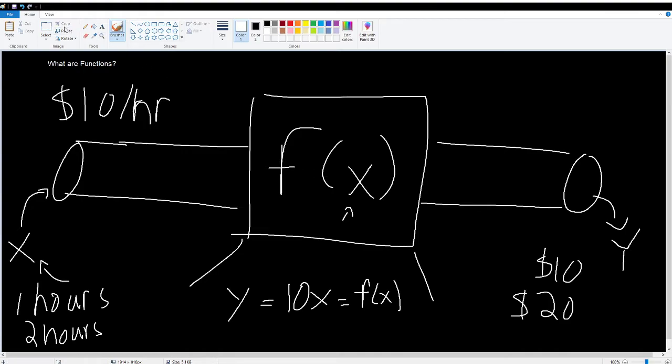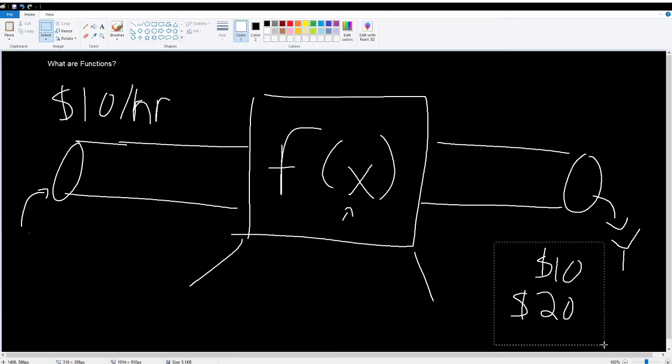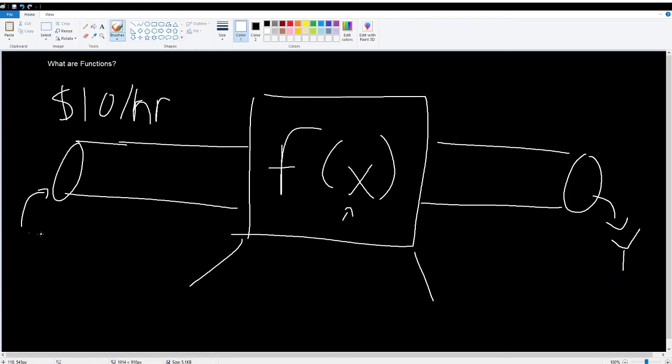Okay, let's do another one. What's another example of a function? Let's just say you're in a taxi or you drive a taxi, and the taxi tells me that you have to pay a $5 base charge once you get into the car, so I have to pay $5 automatically, and for each mile you travel you have to pay $3.